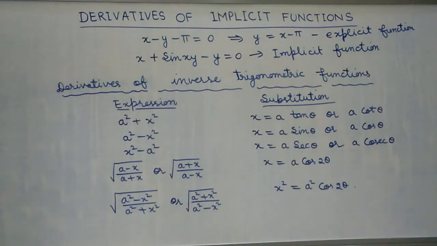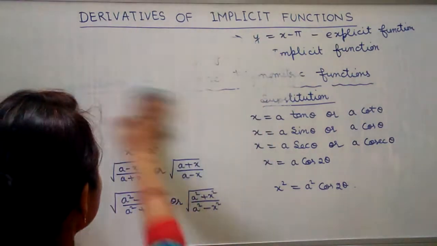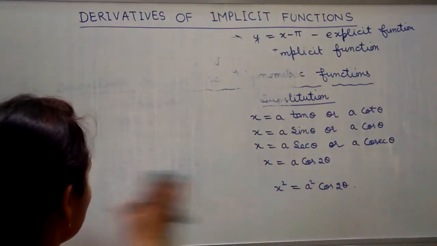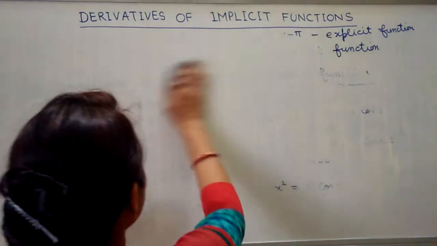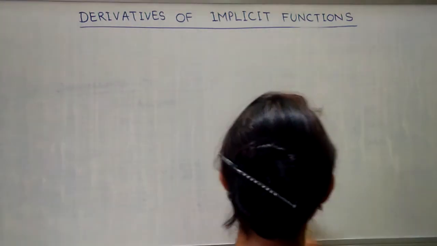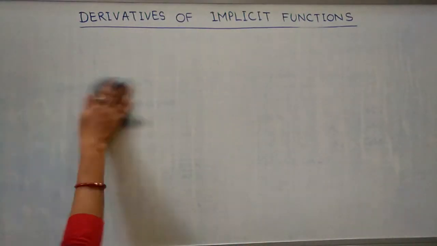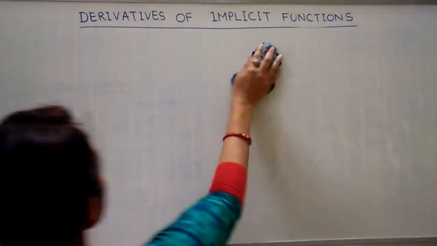Exercise 5.3 includes two types of function. One is implicit and the second one is inverse trigonometry. So I will start with the implicit functions. How to solve the question by using implicit function? That is a very simple and very easy exercise. So let's start with exercise 5.3.